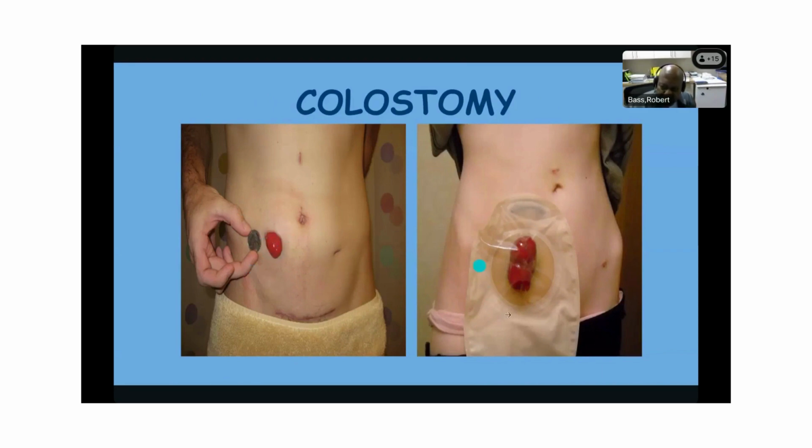And this is going to be the actual external bag, the colostomy bag. The complications here: hygiene has to be on point because they're at a higher risk of infection and also irritation to this area. So you've got your colostomy itself and the colostomy bag.